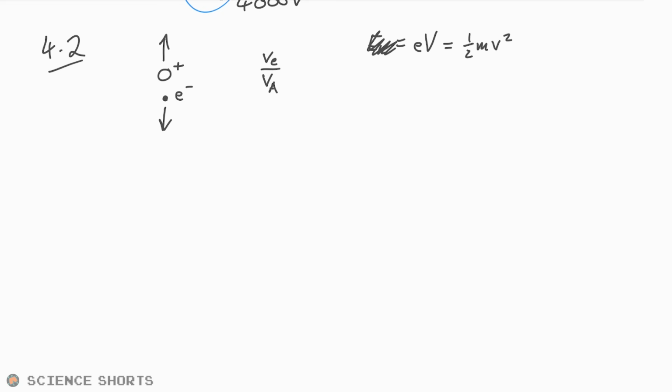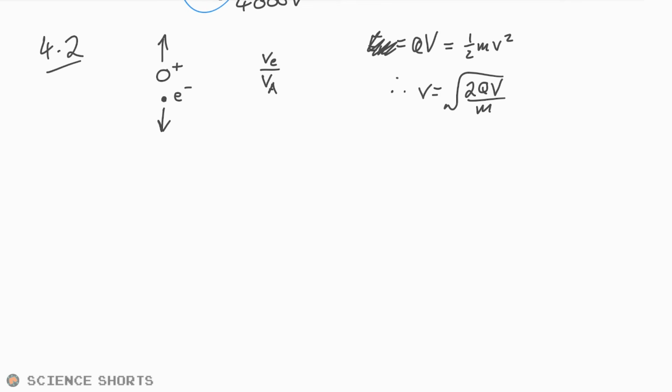So we're looking for v, and so therefore we can say that this should be Q, actually. So v is equal to the square root of 2QV, big V, over m.